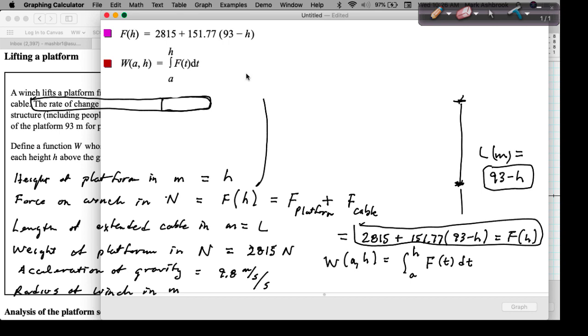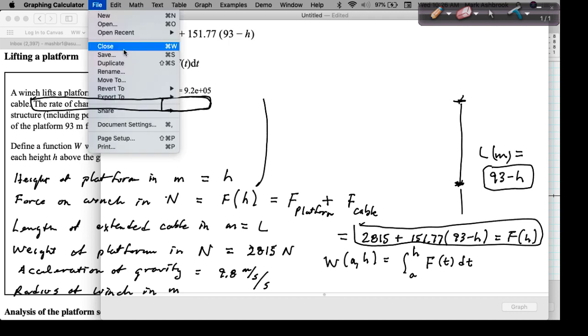Now I want to know how much total work is accomplished by the winch to lift the whole platform. What should I do? I'm going to use my function notation and go from 0 to 93.